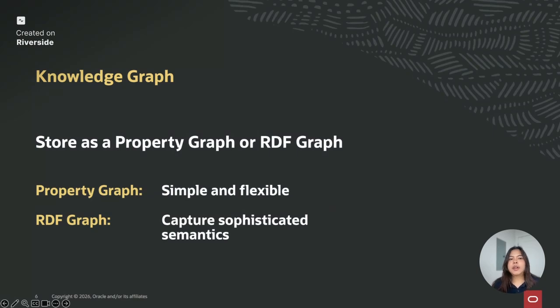So basically, at Oracle and in general, you're able to store your knowledge graphs as property graphs and RDF graphs. There's a couple of distinctions between these two ways of storing data as a graph. Property graphs are simple and flexible. You're modeling entities like accounts, people, and transactions, and then drawing edges between them to capture the relationships.